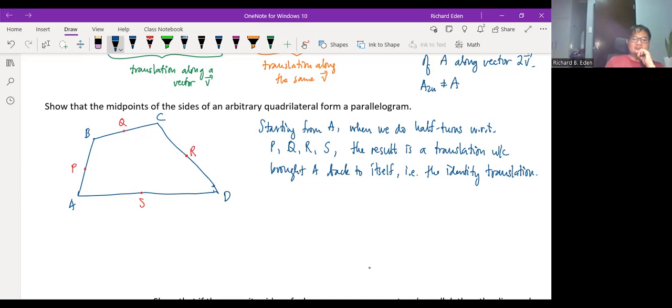Okay. The half turns with respect to P and Q is a translation.